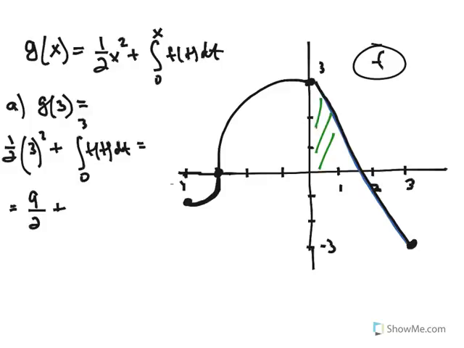I can tell that we have the two triangles from 0 to 3, and they cancel each other. So what does it tell you? You're going to get just 0 for that integral. So plus 0, and the answer is 9/2. So that wasn't bad. Now, if they ask you to find g of -4, you would do the same thing.